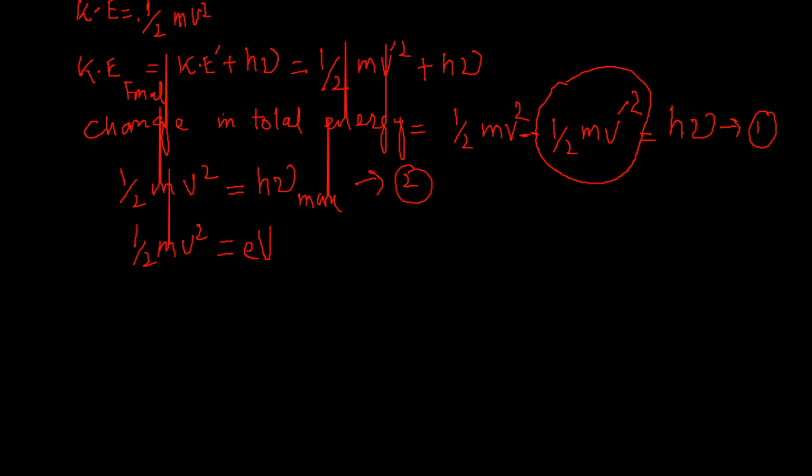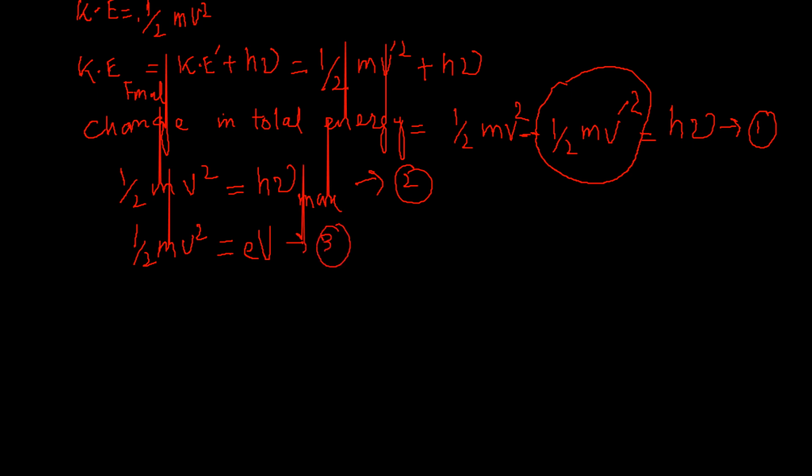This means half mv square is produced due to the potential difference between the anode and cathode of the X-ray tube. Consider this as equation number 3.